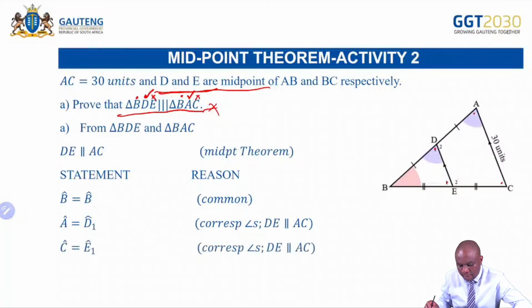Don't confuse the corresponding angles: E1 goes with angle C, and D1 goes with angle A. Now the corresponding angles are equal, meaning these two triangles are equiangular.